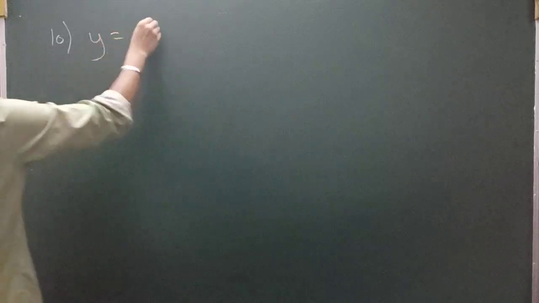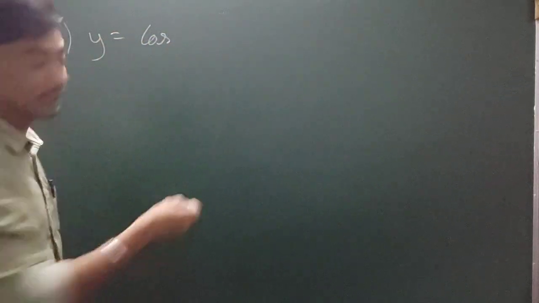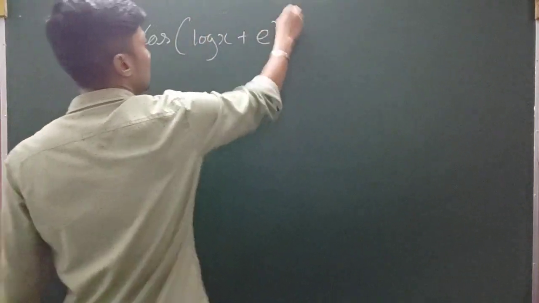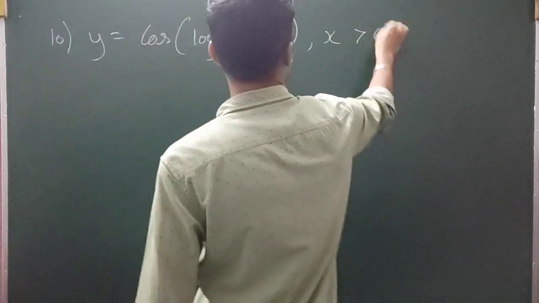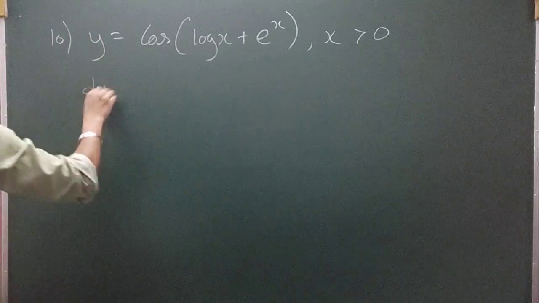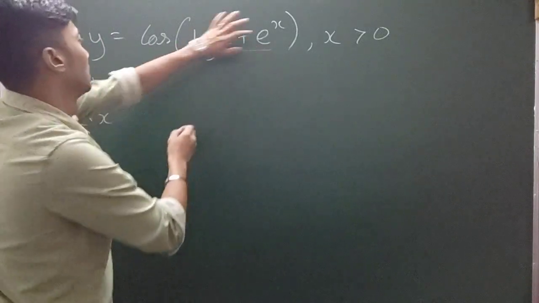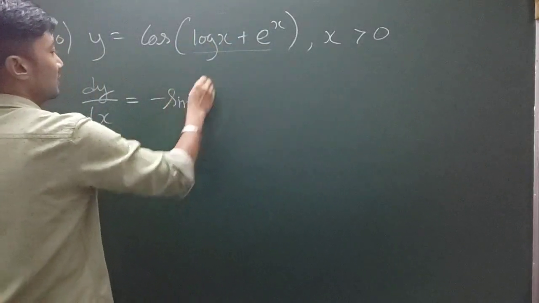And finally, the last question of the day, that is almost done, number 10. The function is cos of log x plus e^x. Of course, x greater than 0 as usual. So differentiating both sides with respect to x, what is derivative of cos x? Derivative of cos x is minus sin x.